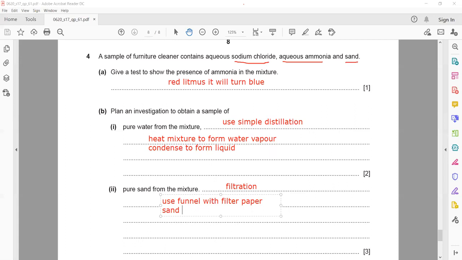The sand is left as residue, then wash the residue with distilled water and dry the residue. So this is how we obtain pure sand from a mixture. Is it clear, discussion?